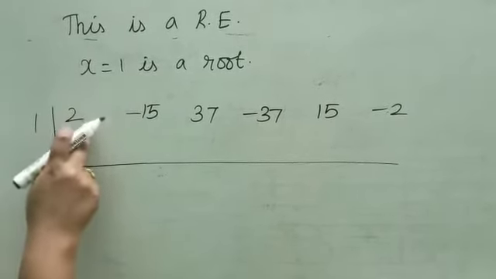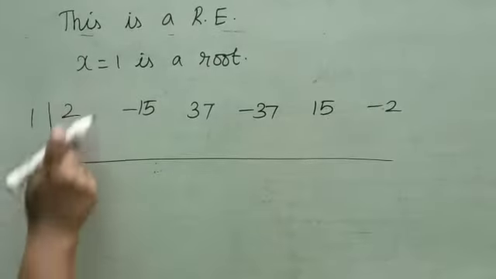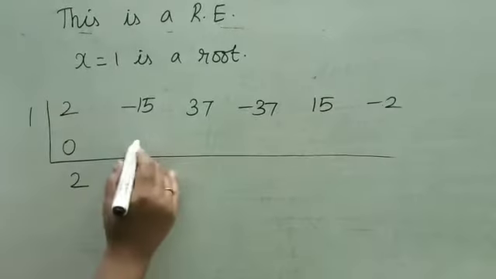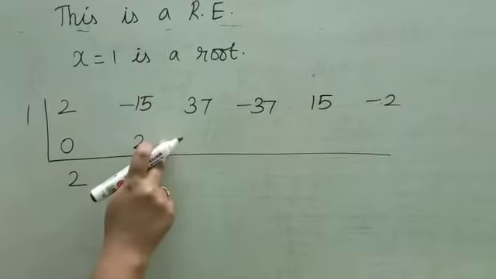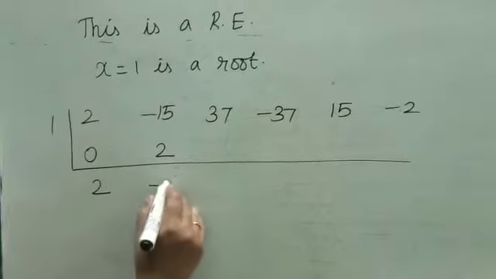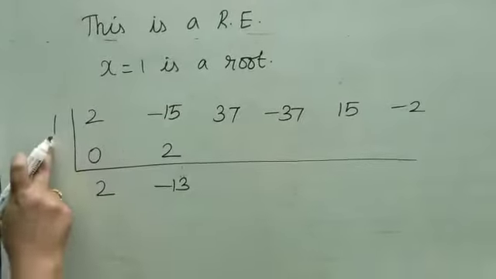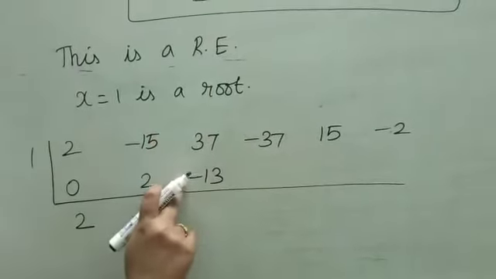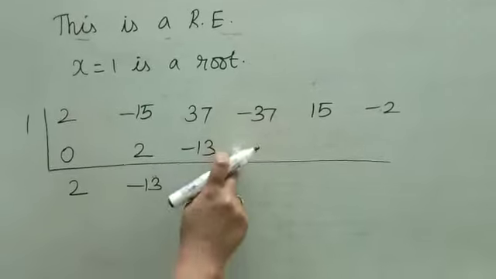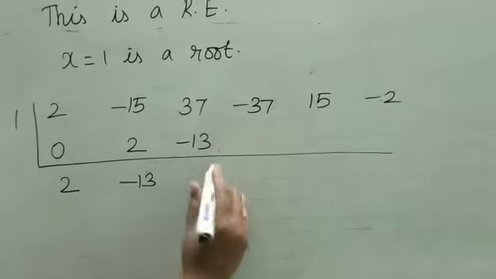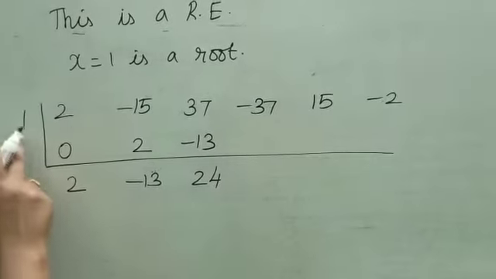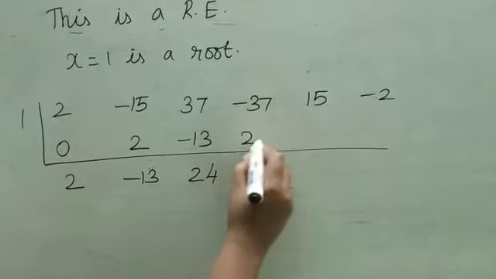Now, adding 2 plus 0 is 2. 1 into 2 is 2. Now, adding minus 15 plus 2 is minus 13. Now, multiply 1 into minus 13, that is minus 13. Now, adding 37 minus 13, I am going to subtract: 7 minus 3 is 4, 3 minus 1 is 2, so 24. Now multiply 1 into 24 is 24.